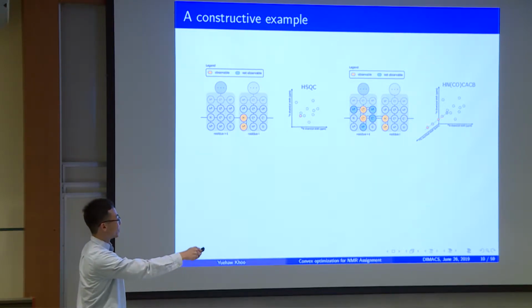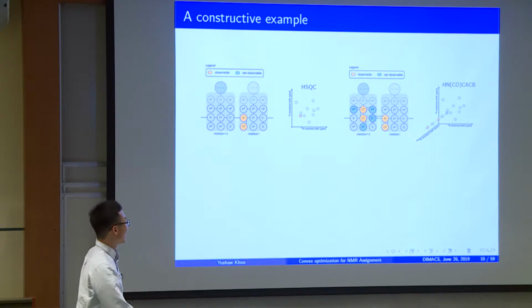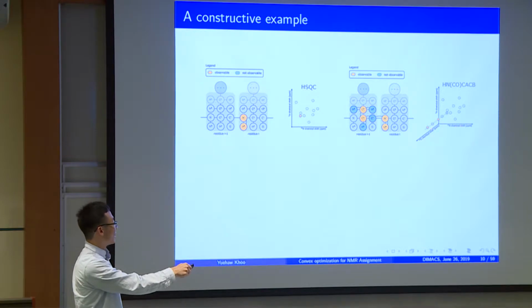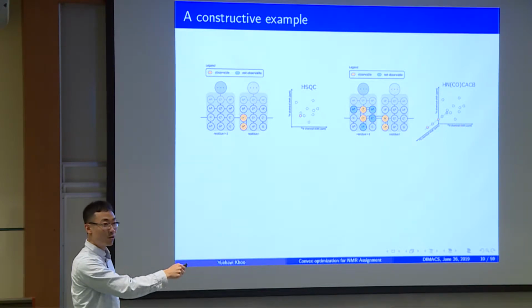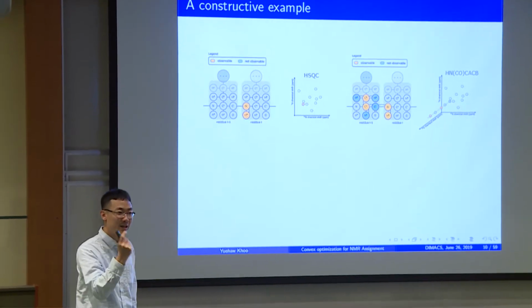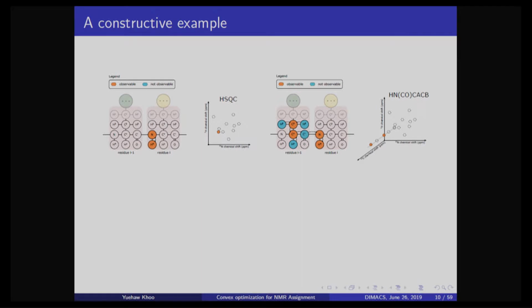So this will give these two orange peaks over here. You see that these two orange peaks will have the same Y frequency and Z frequency. That's because these two carbons are interacting with exactly the same pair of nitrogen-hydrogen. So essentially, it should form a tubular shape.